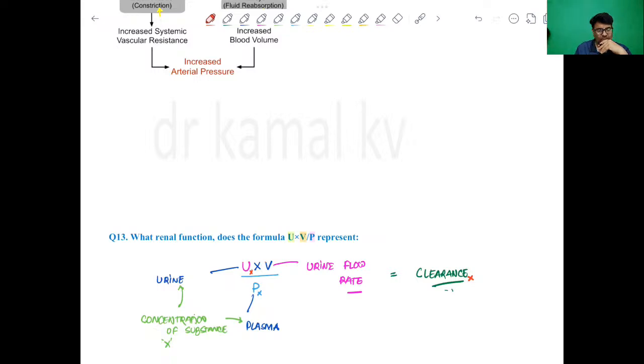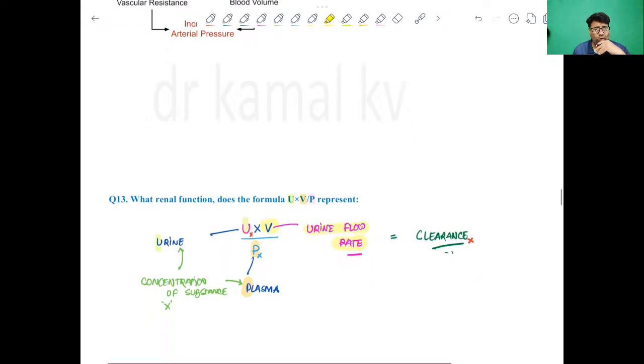So U into V upon P. P is for plasma, U is for urine, I think this can be correlated easily, but you have to remember V because it does not relate at all to the urine flow rate by its letter. So this is the formula for clearance.